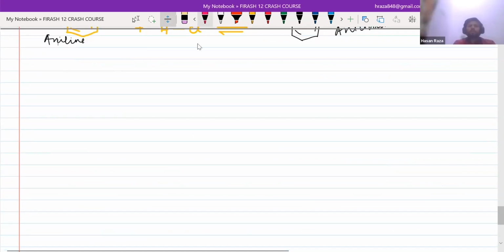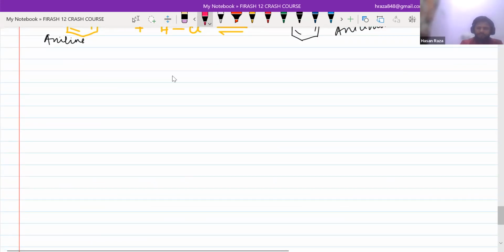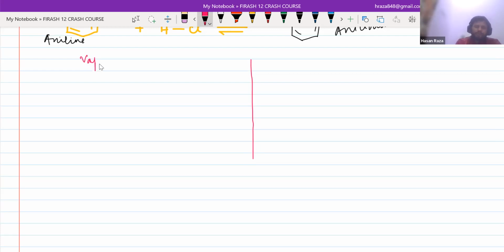Now, when we are going to see the basic strength, first of all, we are going to see it in two phases. The first one is vapor phase, or you can say the gaseous phase. And the second one is basically aqueous phase. That means it is present in water, where hydrogen bonding will take place.